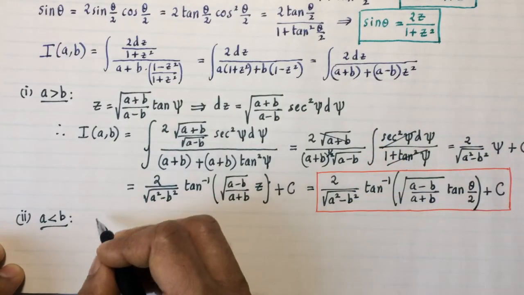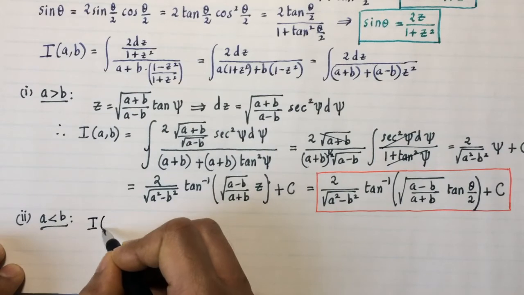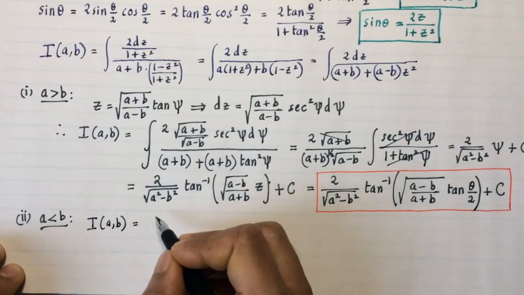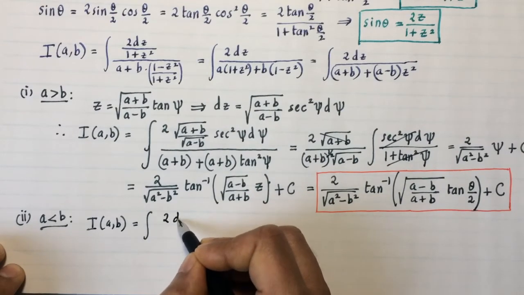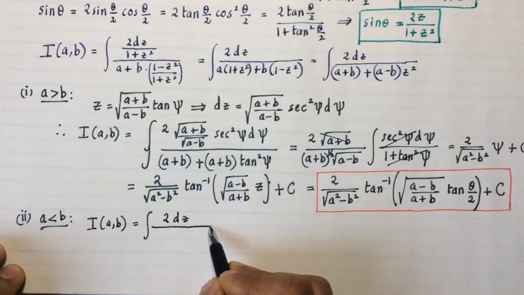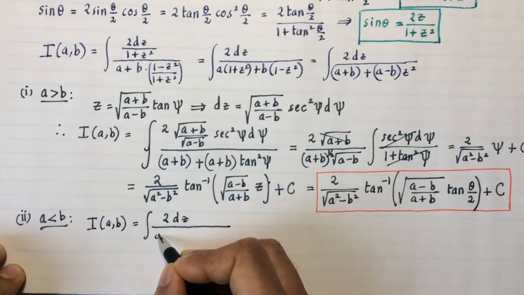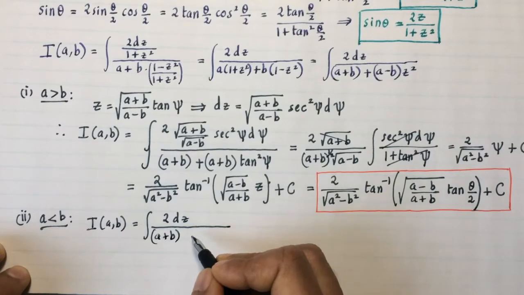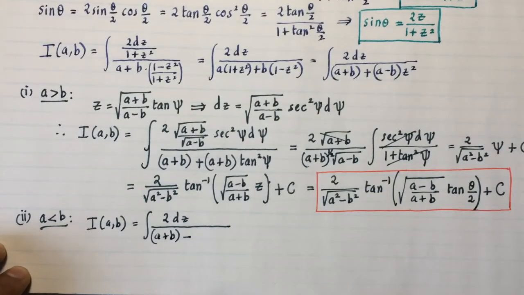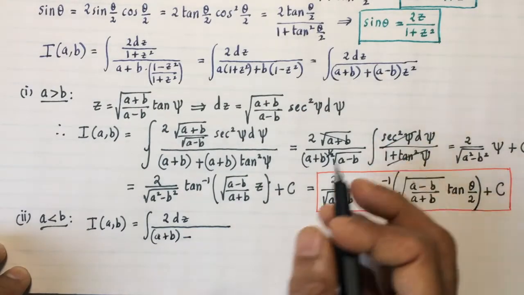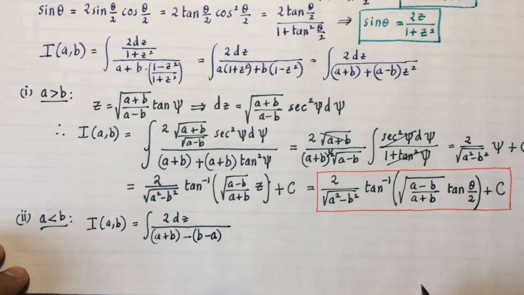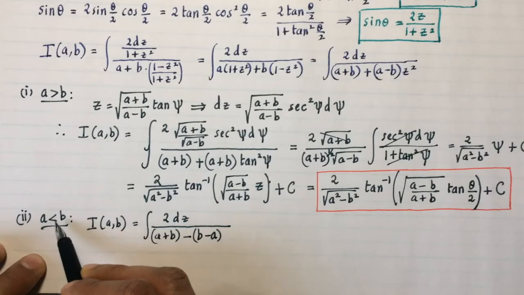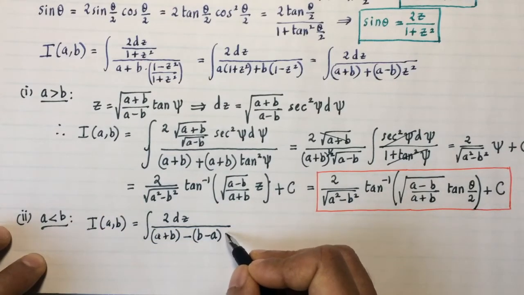So I can write I of a comma b as the integral of 2 dz divided by a plus b, and I can put the negative sign outside so as to guarantee that whatever is left over is positive, and whatever is left over is b minus a. And since a is less than b, or in other words b is bigger than a, b minus a is always positive.